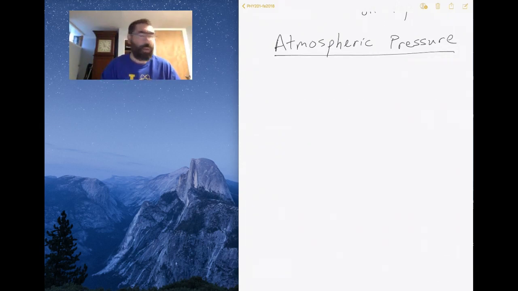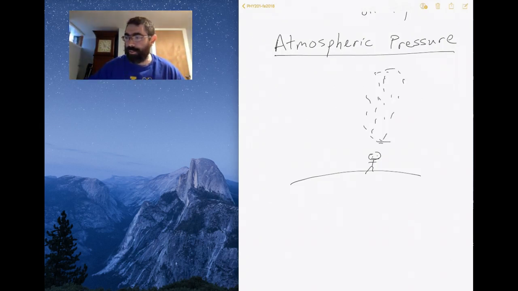Where is it coming from? Well, if you're standing on the surface of the Earth, above you is the atmosphere. There are all of these nitrogen, oxygen and argon molecules basically sitting on top of your head.